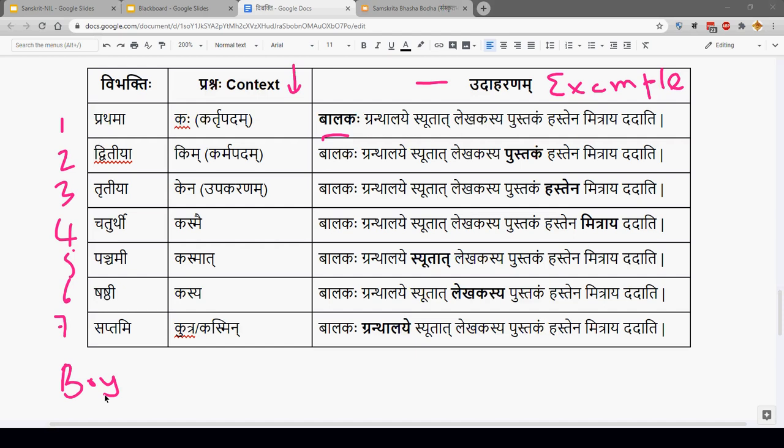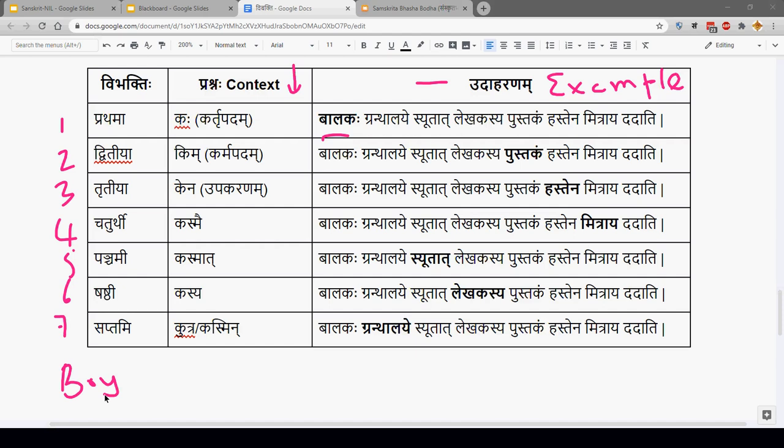Like we have studied, alaya is a place of living or residence. Granthalaya means where the books are stored or reside. Shauchalaya means where the cleaning is done, like the toilet or the restroom. What do you say, washroom.